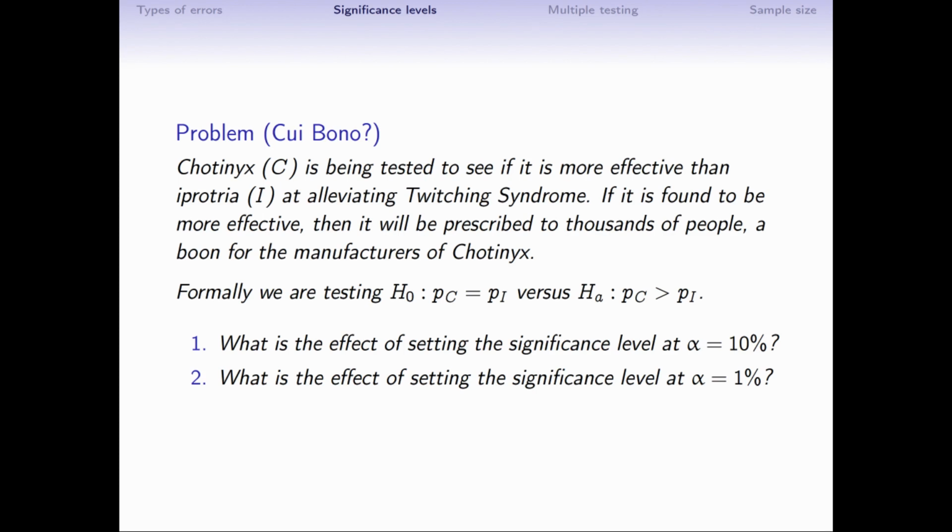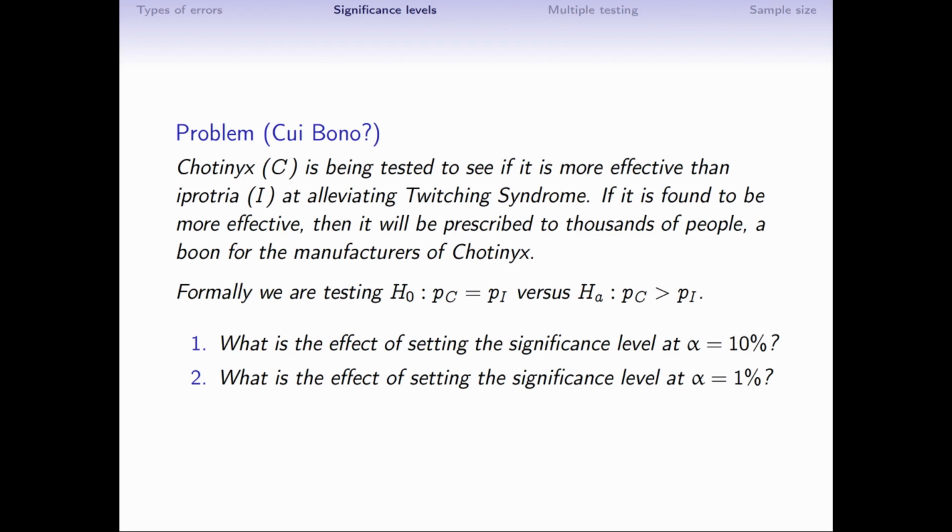Now, to study this a little bit, I made up this little toy example. This is not a real example, but it's just a toy example to show us the trade-offs between working at a 10% significance level and, let's say, a 1% significance level. So in this example, I've got two drugs. Chotinix is being tested to see if it is more effective than iprotria at alleviating twitching syndrome.